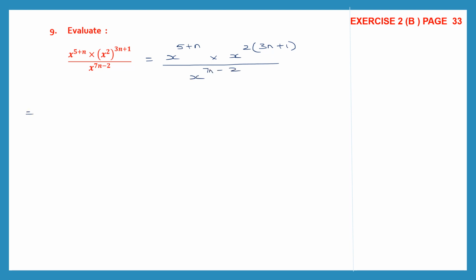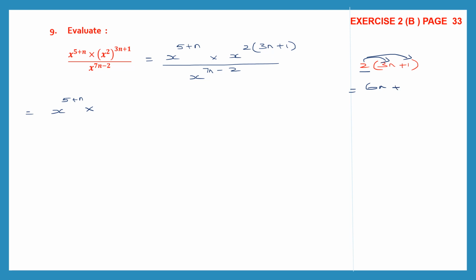So let's write this as it is, x to the power of 5 plus n into. Now let's work on this part, 2 into 3n plus 1. So how do we do this? We take this and we multiply first with 3n. So 2 into 3 is 6, 6n. Then we multiply it with plus 1.